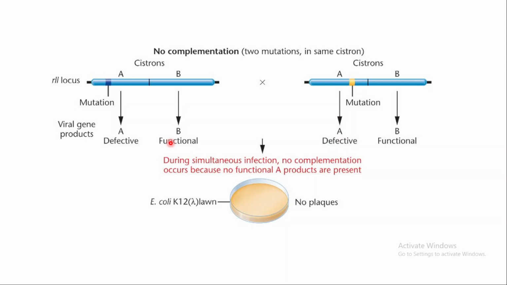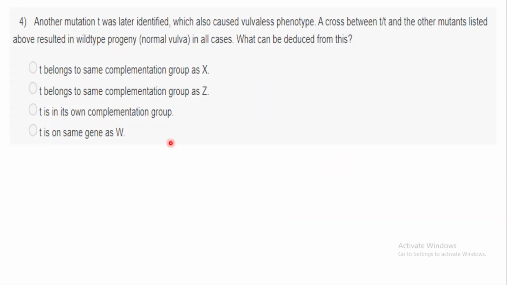Okay, great, cool. So the fourth question has a twist. Another mutation arises, mutation T, which was later identified and also caused the vulvaless phenotype.